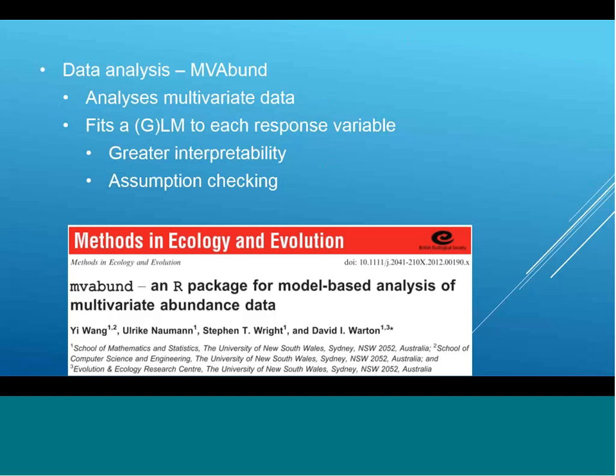The idea behind it, pioneered by someone in Australia, David Warton, is that it allows greater interpretability of the relationship between individual portions of the community and the drivers, which in this case are the flow regime. And from a statistical point of view, it has the advantage of allowing easier assumption checking to see how well these models are fitting. Next slide, please.